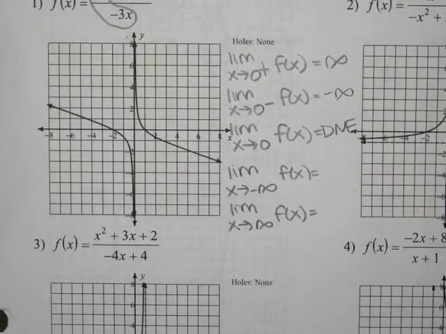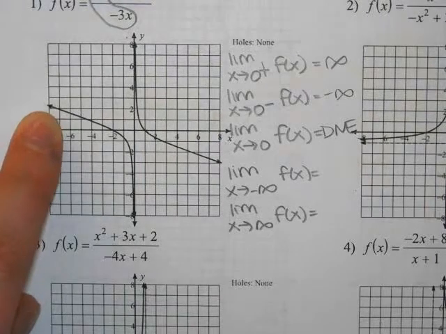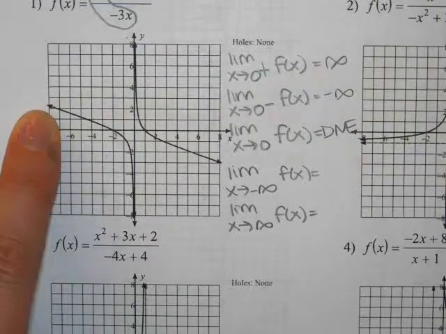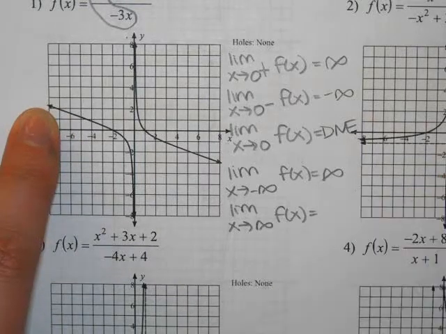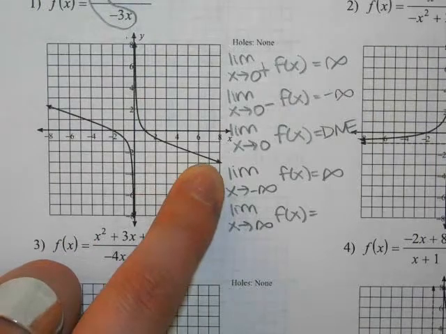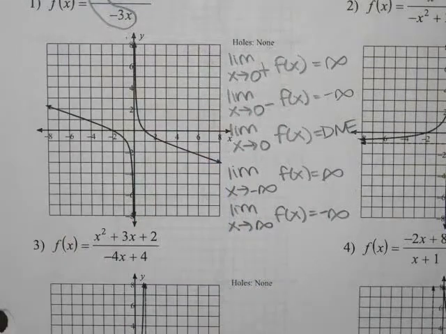And we know that when we have a slant asymptote, our end behavior is either going to be a positive infinity or a negative infinity. So as I look to the left side of my graph, what's it doing? Going up. So that limit is positive infinity. As I look to the right side of my graph, it's going down, and so that's negative infinity. So goodness gracious. Those are all the limits that would be applicable for this problem.